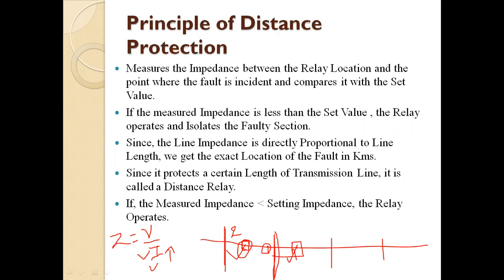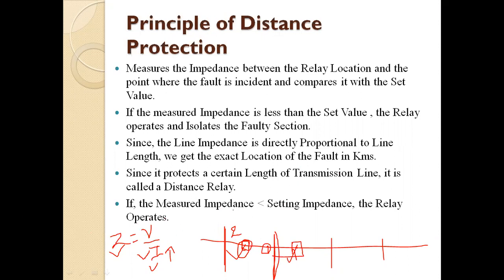But when the fault occurs, your current will increase, and when current increases, the V by I ratio decreases. It means that your impedance decreases. If the impedance decreases, your relay will start operating, because there is a set value of this impedance. When your relay operates, it gives a signal to the circuit breaker, and it will open the contacts of the faulty section. In this way your line will get protected.